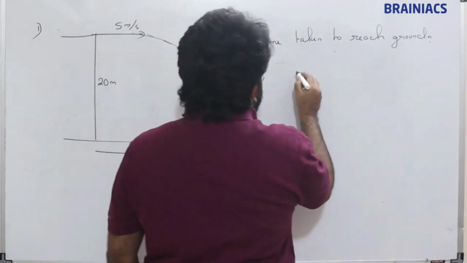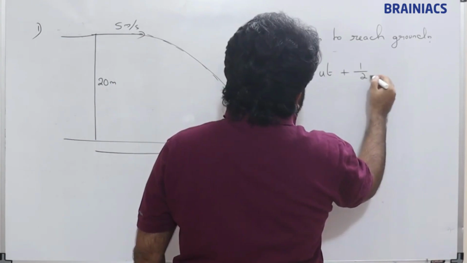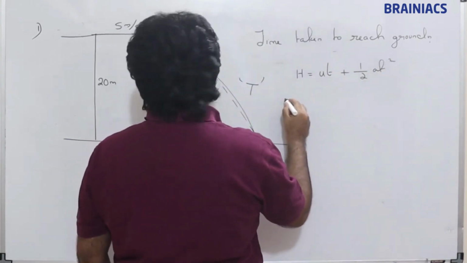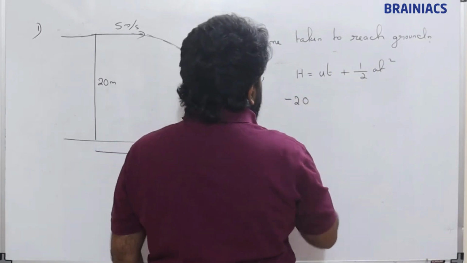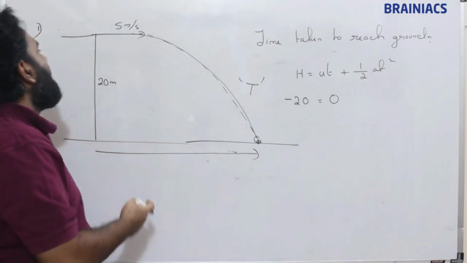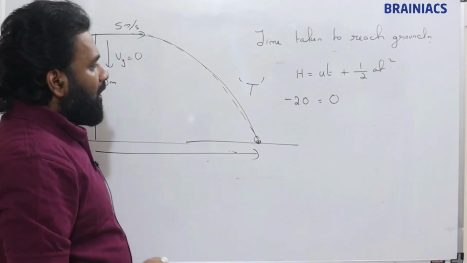So let us use the formula h is equal to ut plus half at square. Suppose h is minus 20. This is equal to 0, since there is no vertical component here; the vertical component is 0.